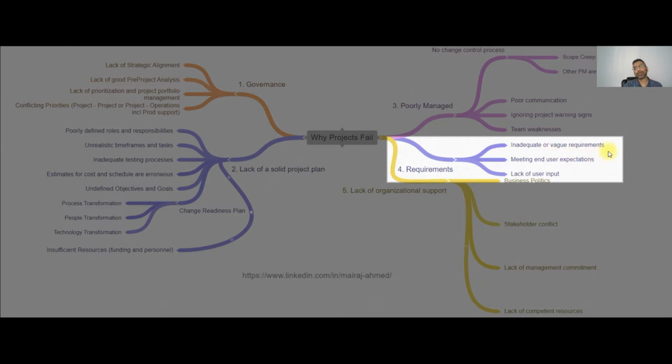So first, inadequate or vague requirements is very common in projects. Not only where these are internal projects with an internal team working on them, but also vendor related projects where they have given you an SOW, or statement of work, which is very high level.